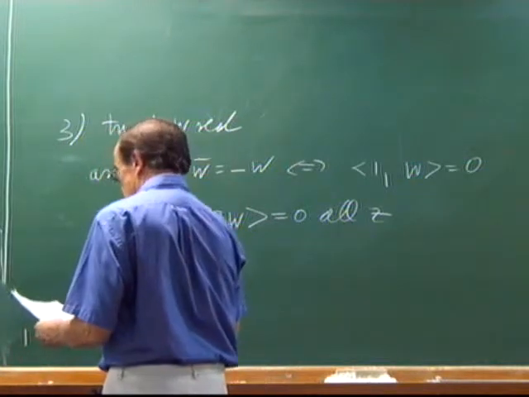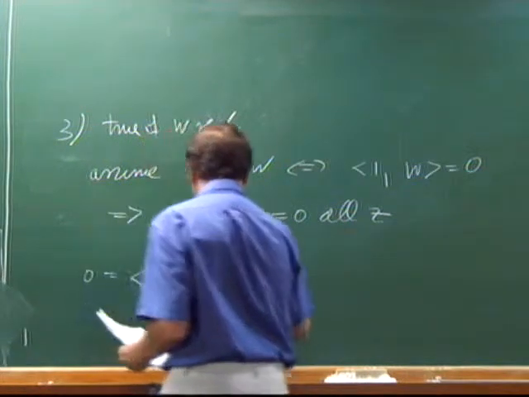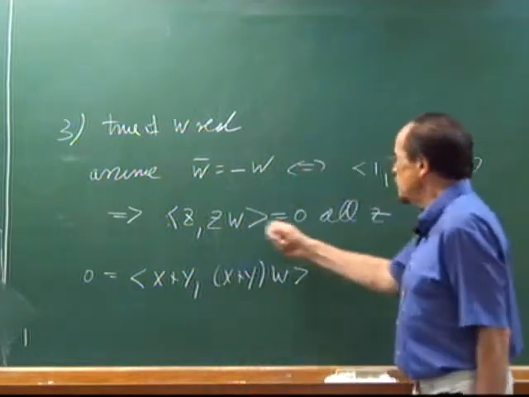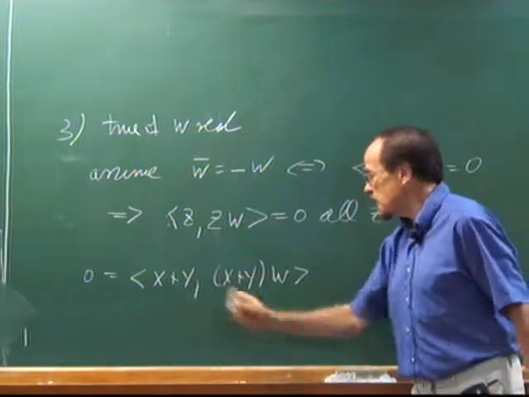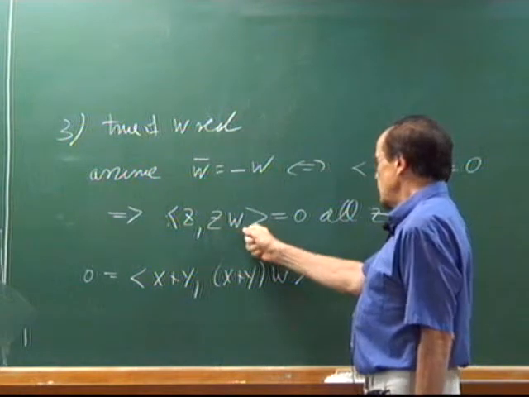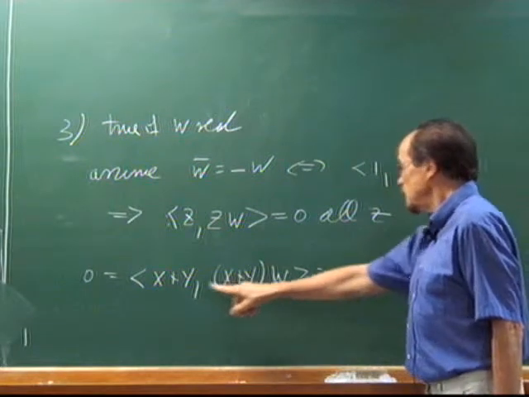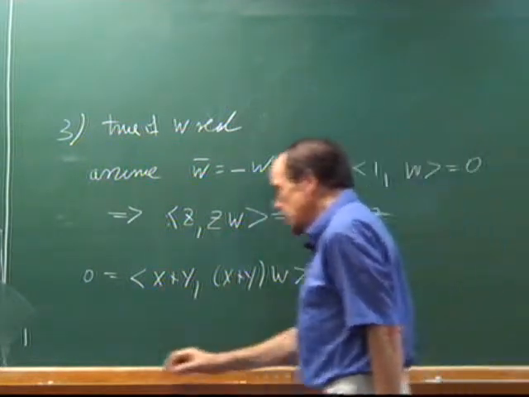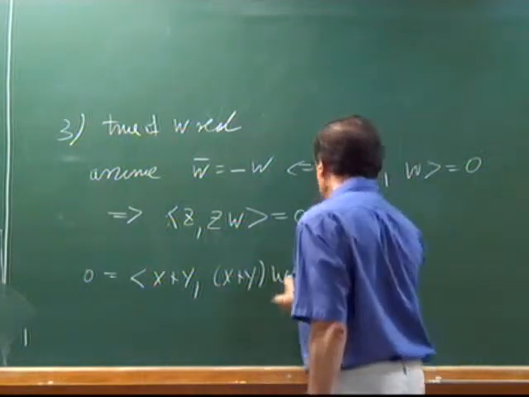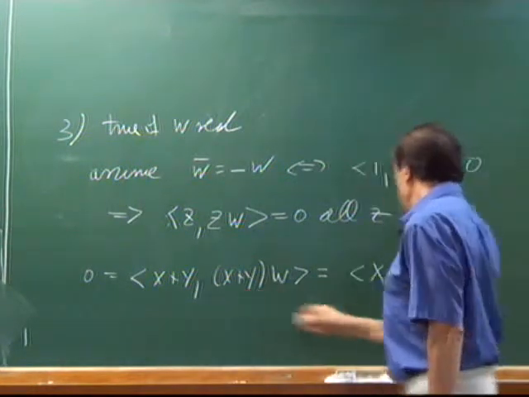So that means I can argue as follows. This is 0 because this was true for all z. So I put x plus y into there. So this becomes what? Again, xw is 0 by the same rule, yw is 0 by the same rule, and I only get the off diagonal terms. So xyw plus yxw.